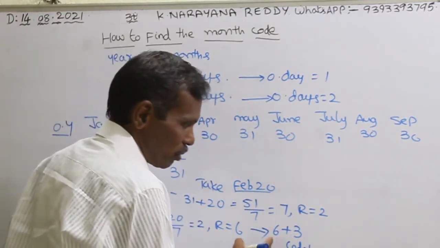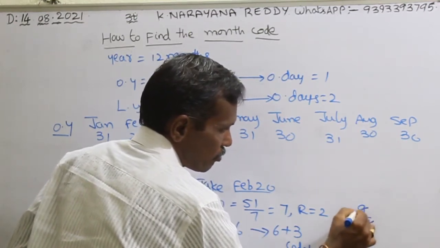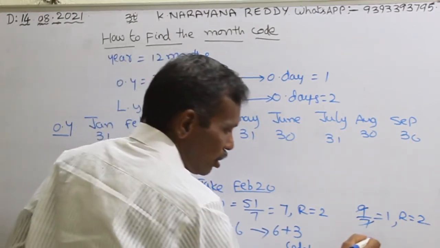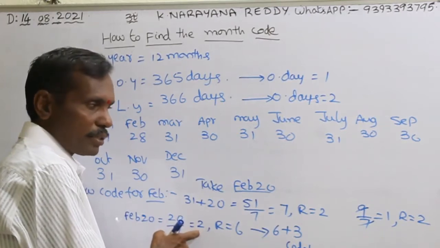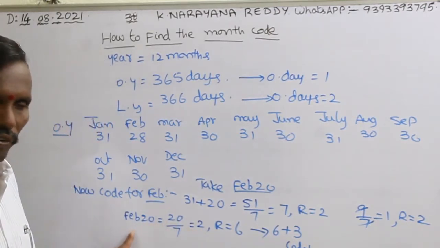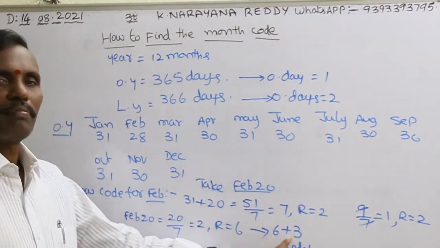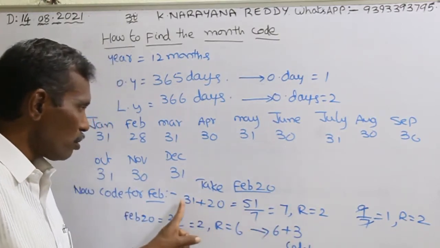How is it possible? 6 plus 3, 9 by 7, the remainder is 2. Yes or not? This belongs to Feb. 3 is the code for Feb, in odd days.